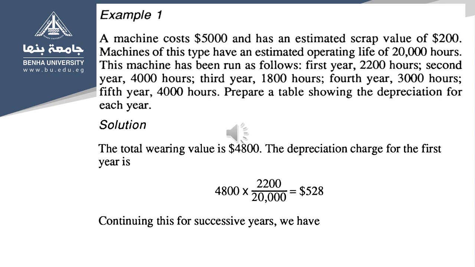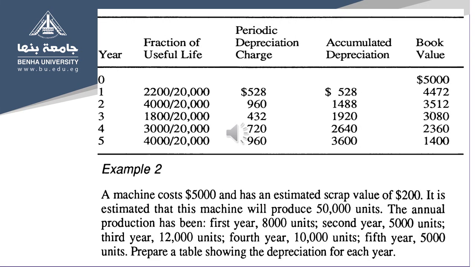Continuing this for successive years, you must calculate for every year until year number 5, as we will see in the next table. This is the table of depreciation. In year 0 you buy this machine at a book value of 5,000. First year: wearing value 4,800 multiplied by 2,200 over 20,000 gives the periodic depreciation charge of 528, and accumulated depreciation 528.